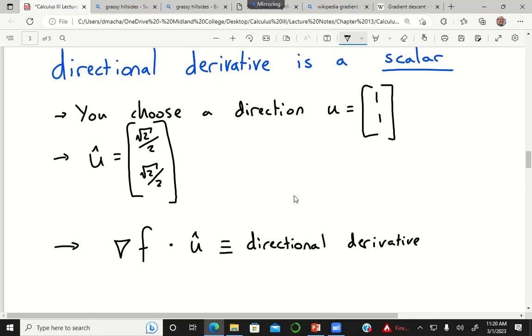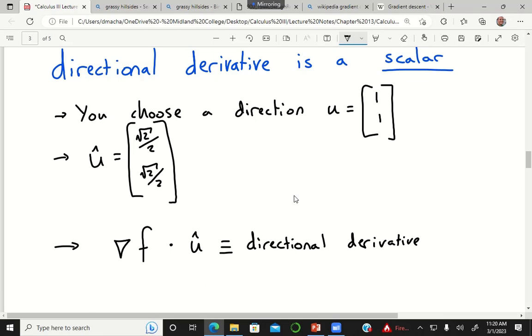What the directional derivative is telling you is that if you are standing on the hillside and you are pointing not directly in the direction of steepest descent or ascent, but just in any direction you want, then the directional derivative is telling you how quickly the values of the function are changing in that direction.